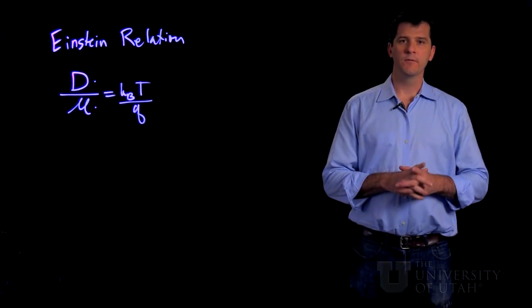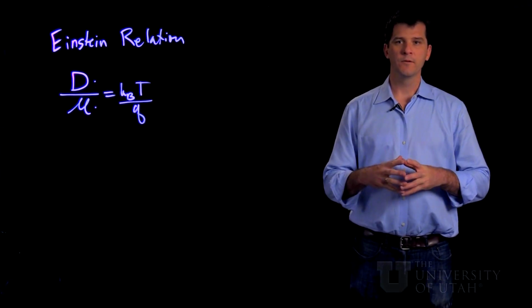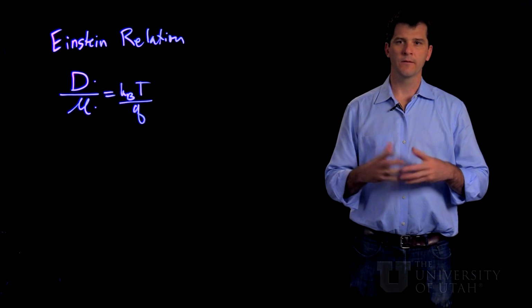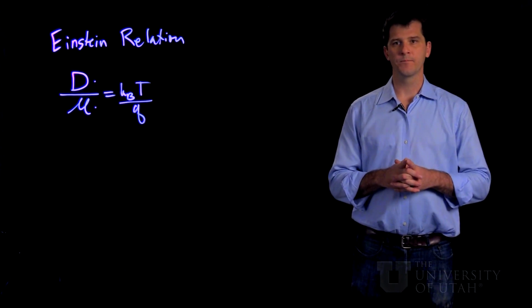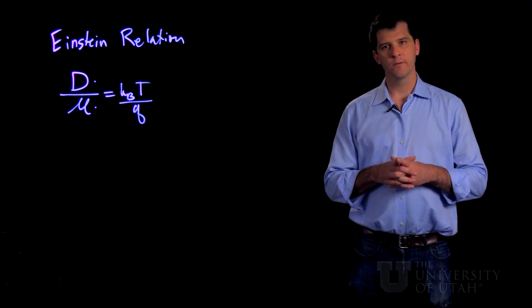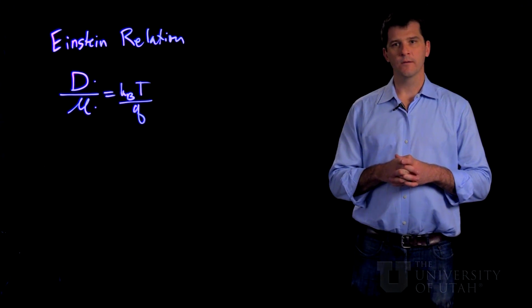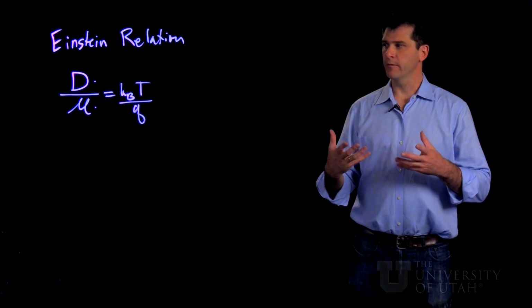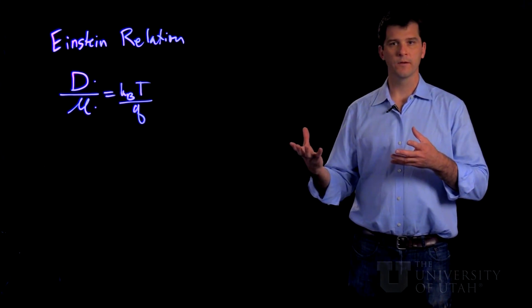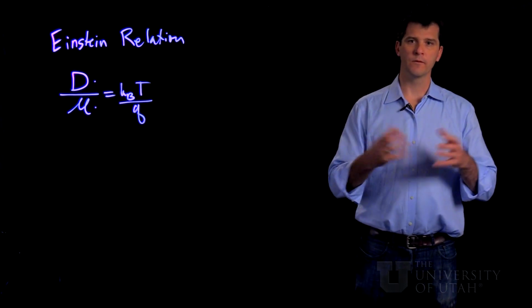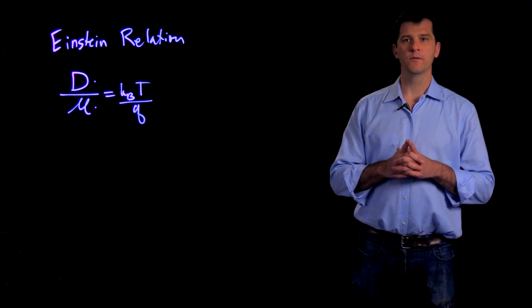So in this short section, we've investigated diffusive conductivity, or diffusive transport. And we've also introduced an important relation that connects the two types of transport, the drift transport through mu and the diffusive transport through the diffusion coefficient.